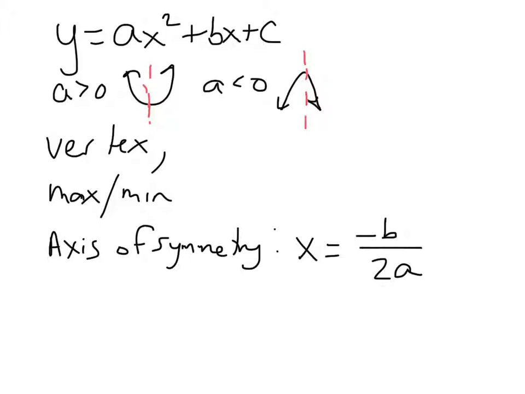Well, so that's the x value of our axis of symmetry, which means that if I'm looking for the vertex, it has to lie where the x value is negative b over 2a. The harder part, not crazy, but harder part, is in order to find the y value, you have to plug negative b over 2a into x in your original equation, ax squared plus bx plus c.